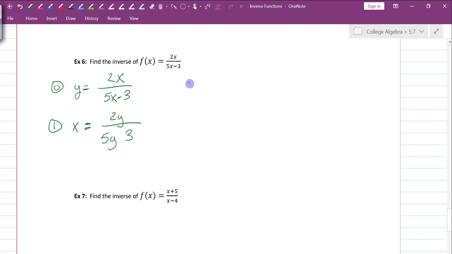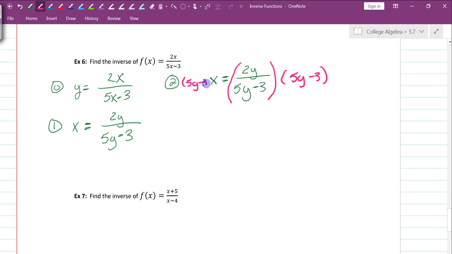The next one, I'm going to write it up here because I need room to work, is I solve for y. So I'm just going to rewrite the problem as it is right now. The first thing I want to do is multiply both sides through by 5y minus 3.